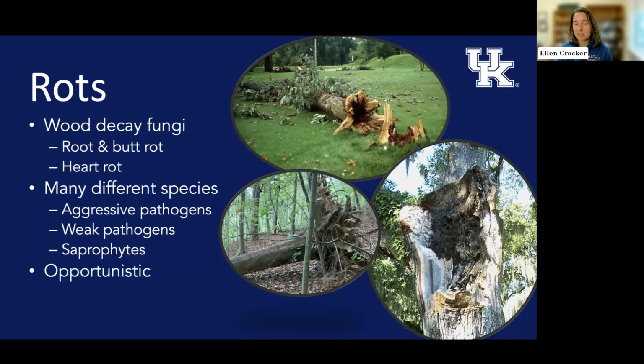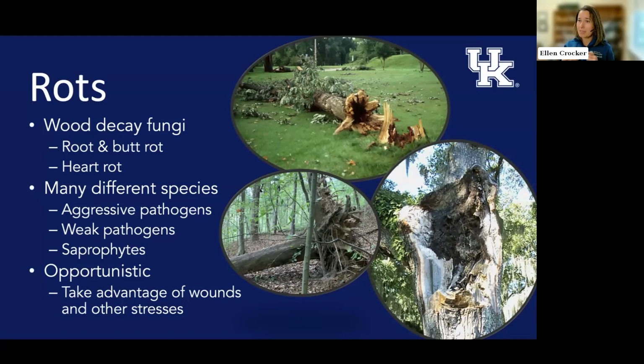And so a lot of these fungi are just opportunistic. They are taking advantage of wounds and they're taking advantage of stressed trees. So if there is a wound, that's a perfect entry point for a fungus. Typically, they're pretty inhibited by the bark and ability to get into the tree, but wounding can be a great opportunity for fungi that normally wouldn't really cause a problem to get into that tree and cause problems.